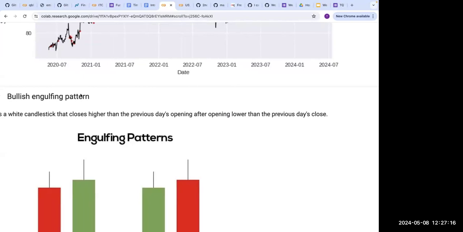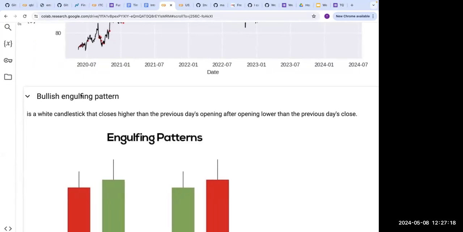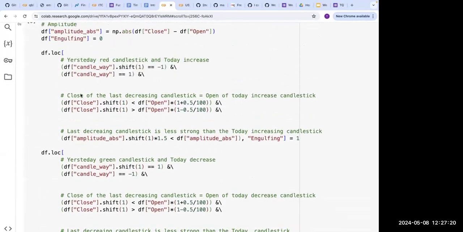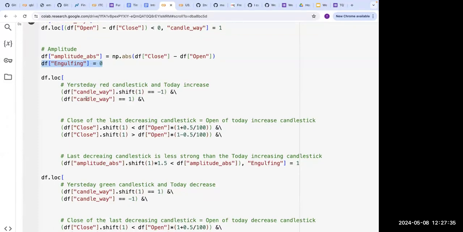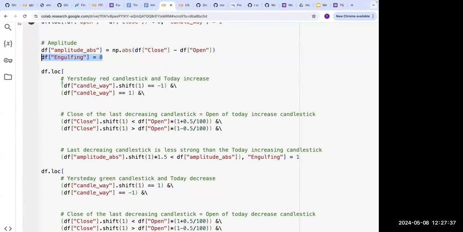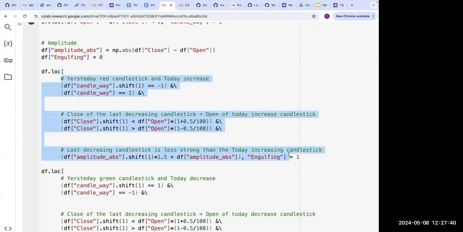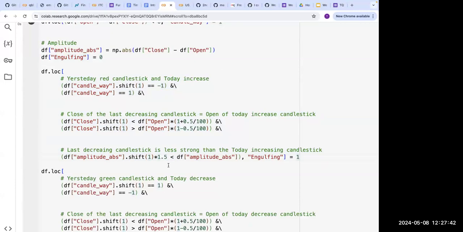Now let's think about another one, the engulfing pattern that I talked about here. So the engulfing pattern is when one candle is fully covered by the other one, right? First I just assigned all zeros to the engulfing pattern, and then through this code, what I'm doing is making engulfing patterns of 1 and -1.